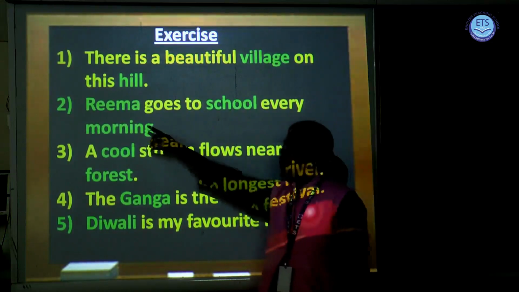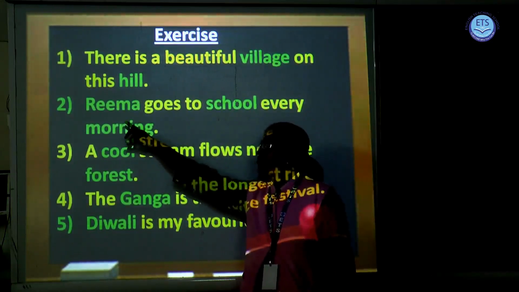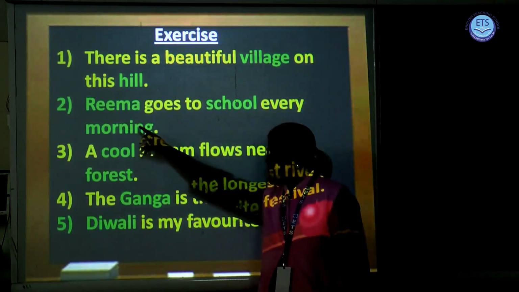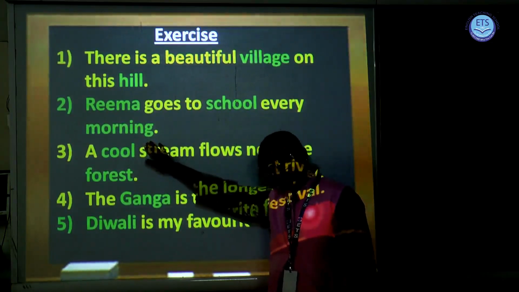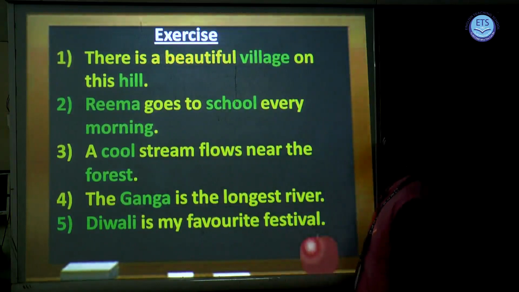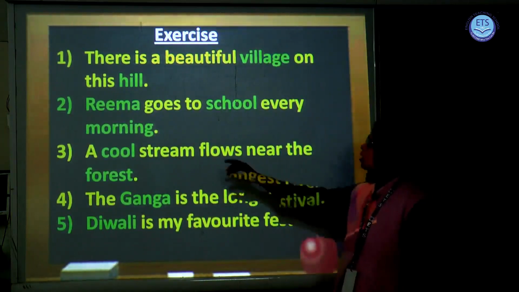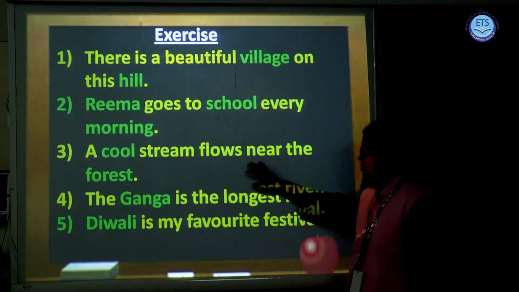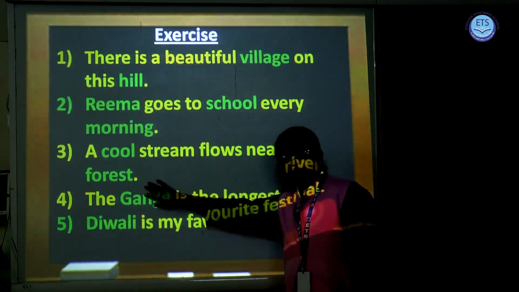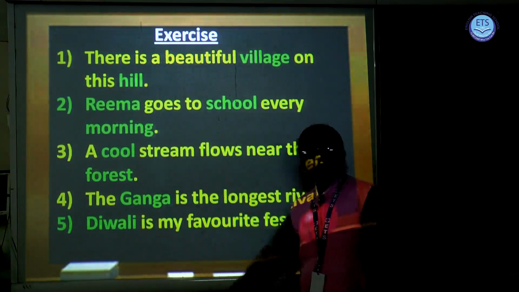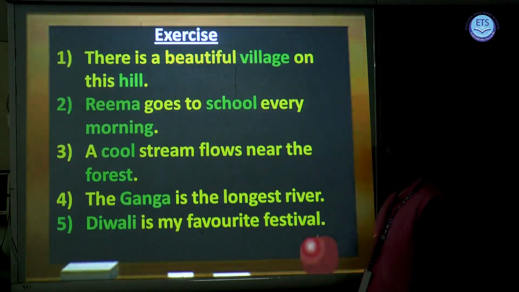Here you can see, children, the name starts with a capital letter, and this is a morning which we all experience daily. In the third sentence, a cool stream flows near the forest. Cool and forest both come under common noun.